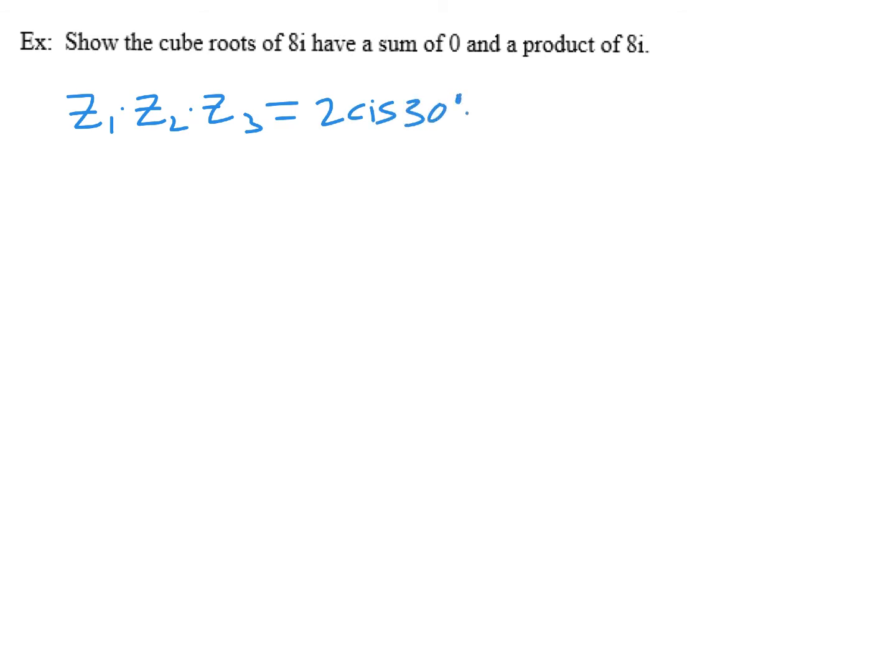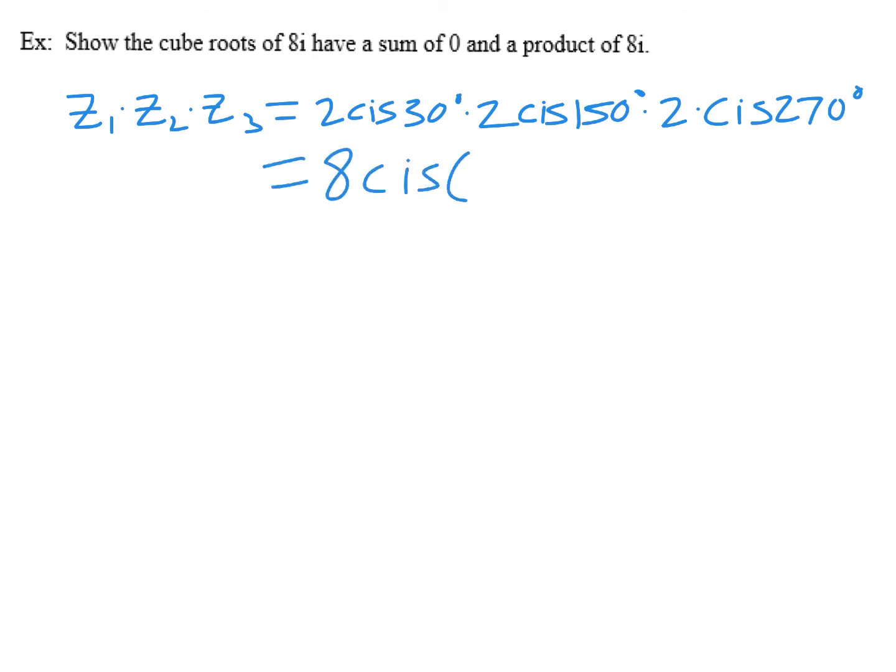2 cis 30. 2 cis 150. Two times 2 times 2 is 8. For the angles, we got to go 30 plus 150 plus 270.